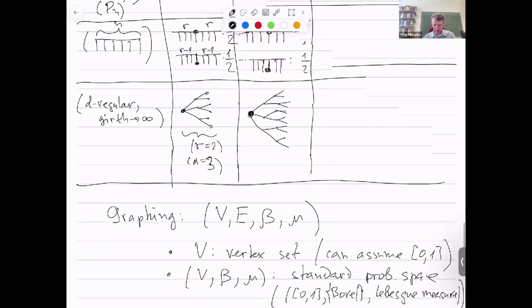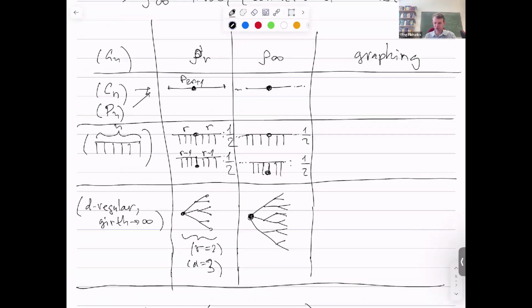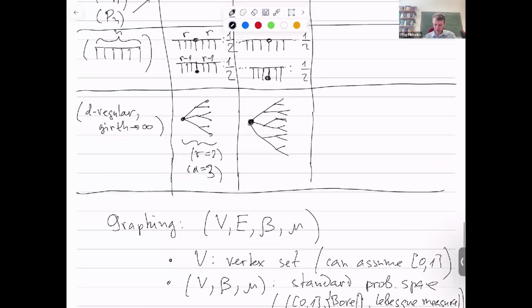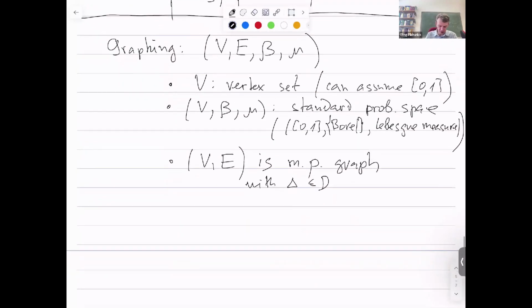Maybe before I move to this property, let me try to give some possible examples of limits. So what it means that Gn locally converges to this: well, I can define this ball statistics, maybe call this H. So what will be my ball sampling?